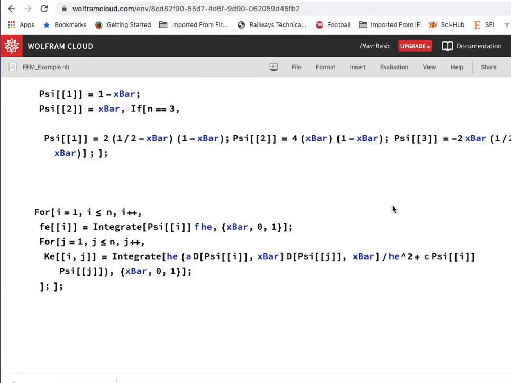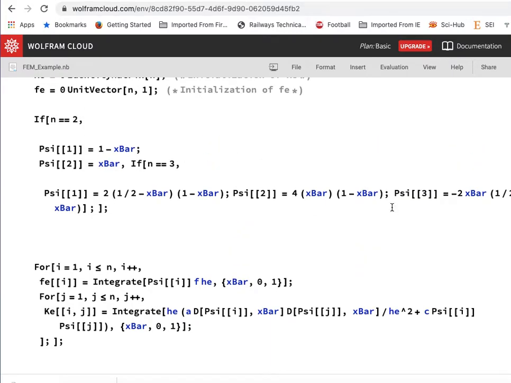Next, depending on the value of n, I will have to use different interpolation functions for different values of n. So if n equals 2, by the way, you have to use 2 equals signs. If you use 1 equal sign, what is the meaning?